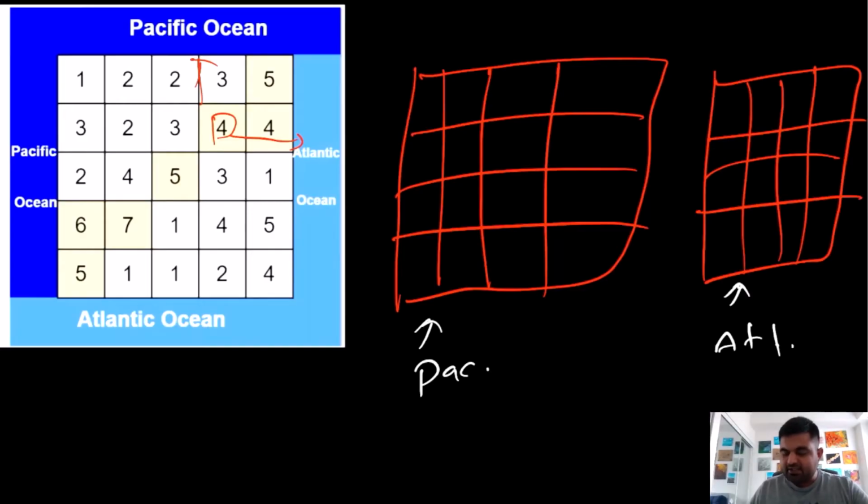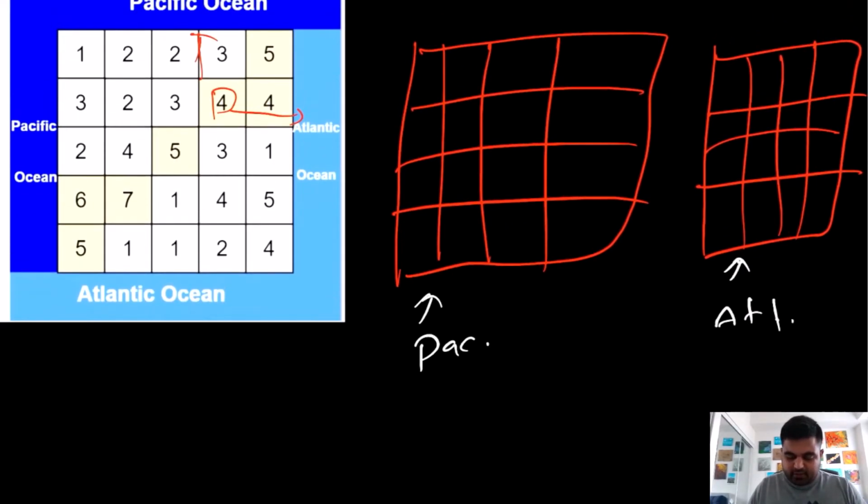And once we have these two matrices defined, the moment we find that over here this particular element 3 can reach to Pacific Ocean, suppose this value corresponds to this 3, so we will set the value as true over here. And same goes on this side, suppose we find out that this particular element at position 4 can reach to Atlantic Ocean via this way.